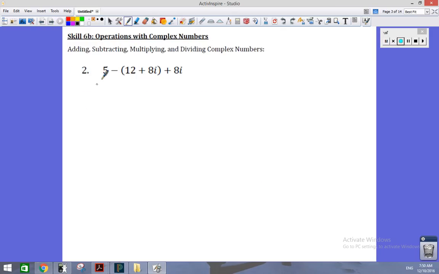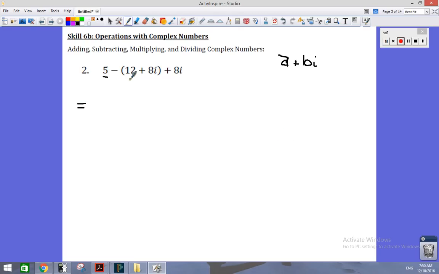So we have this real number 5. We're subtracting from that a complex number, and we're adding just a pure imaginary number. In a plus bi, if that a is 0, then you'll often hear it referred to as a pure imaginary number. So again, we just treat it like terms.